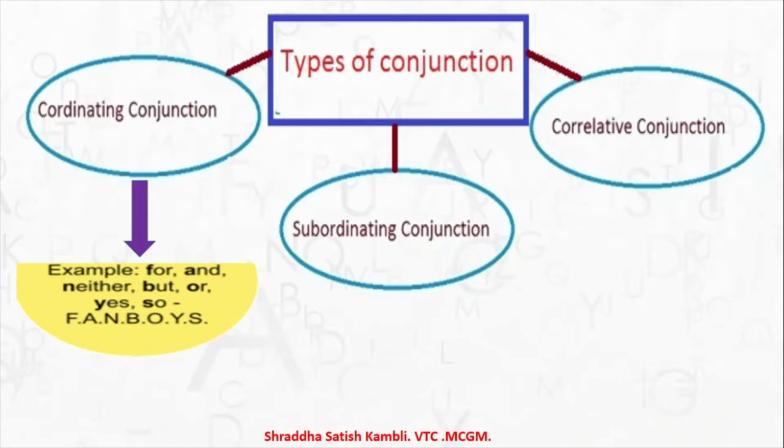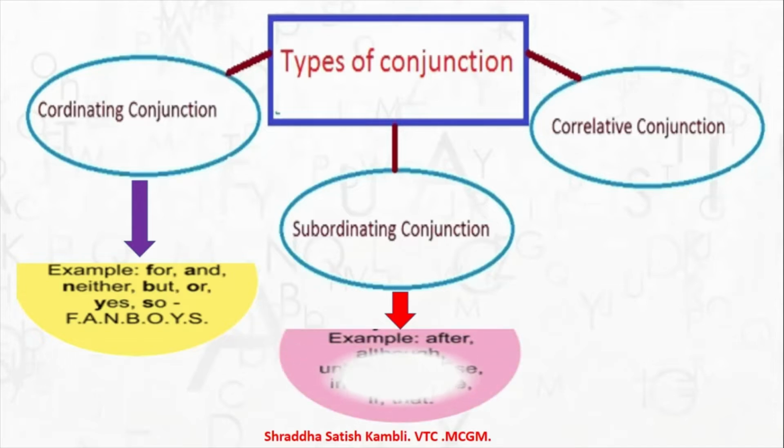Let's move on and take a look at the subordinating conjunctions. So which words are the subordinating conjunctions? You have after, although, unless, because, in order, since, if, that. Whenever these words appear in a sentence, you should remember that they are all conjunctions, but of what type? They are subordinating conjunctions.